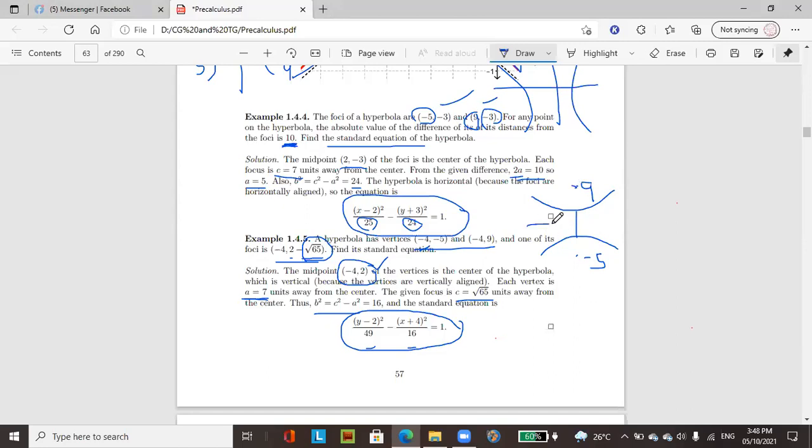The distance from negative 5 to positive 9 is 14. Then 14 divided by 2 is 7, because the distance from negative 5 to 9 is 14. So a is just half of that. Okay.